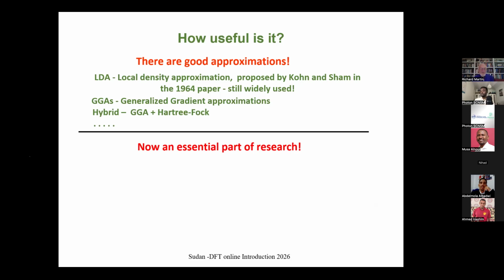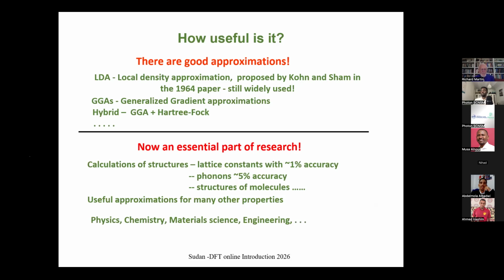So already in 1964, the basic approximation was given, and from then on, it's been improved, and part of the improvements is what will be part of this workshop. And it's been really useful.